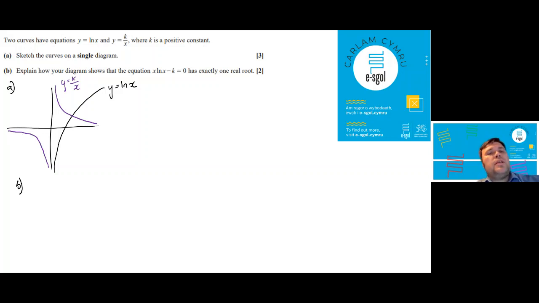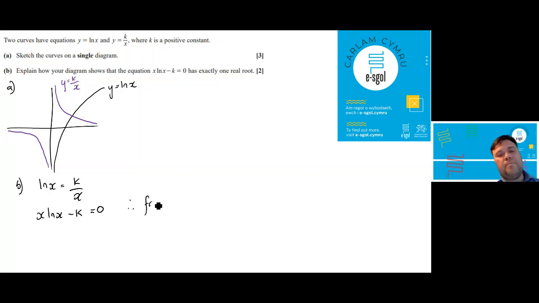So whenever you're asked for intersection of 2 graphs, it is always talking about simultaneous equations. So you know you're going to solve via substitution. Because the y's are equal to the functions, then you would just say ln of x equals k over x. Move the x up and move the k over. So that's the original equation.